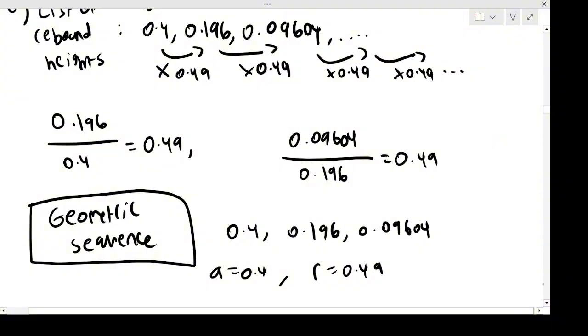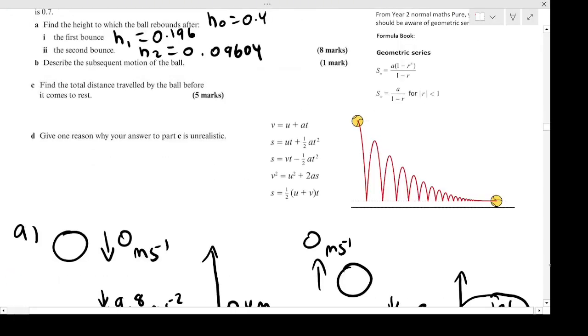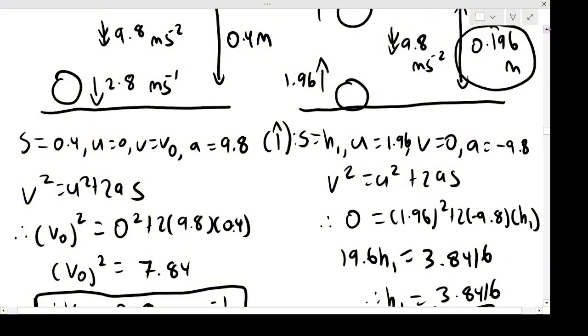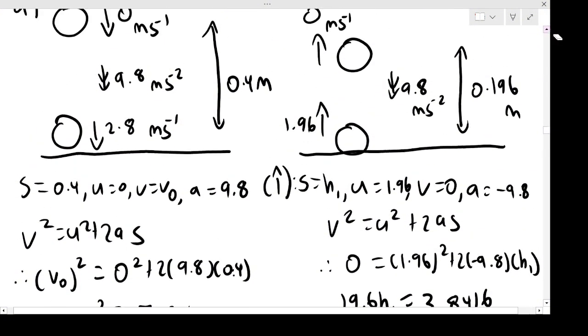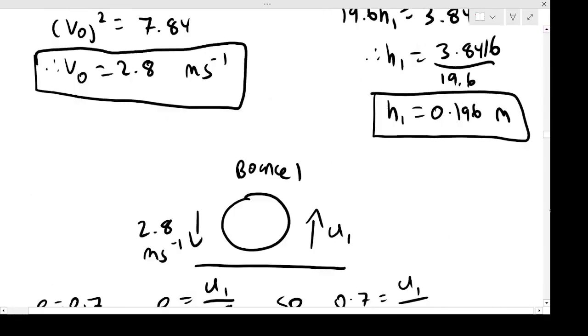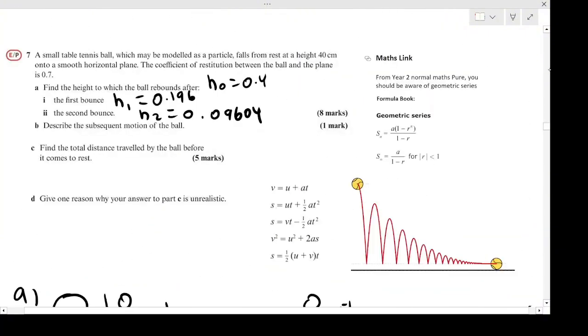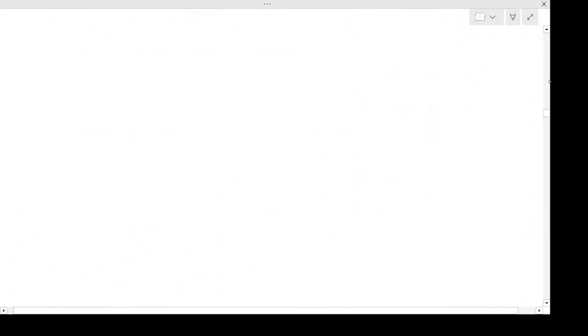And so if we want to consider the total distance travelled by the ball, well, think about it. Let's break it step by step. Originally it drops down by 0.4, then it bounces up by 0.196, then it bounces down by 0.196, then bounces up by 0.09604. Hopefully you can tell what the total distance is going to be.